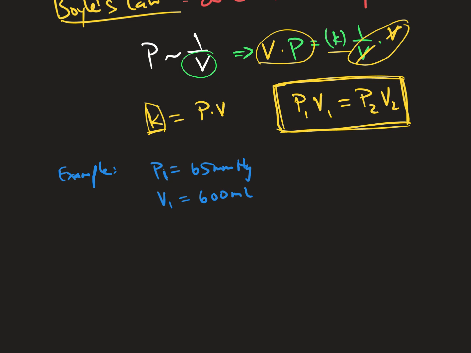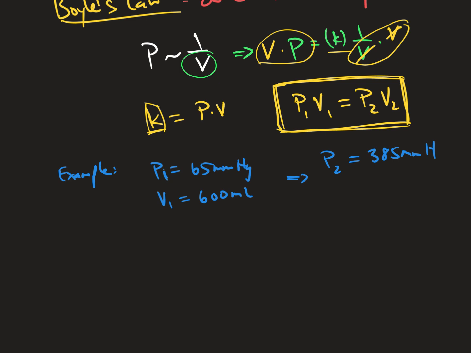Now let's say at the same temperature, the pressure is increased to 385 millimeters of mercury. Let's think about this. If the pressure increases, what happens to the volume? Increases or decreases, those are the options.